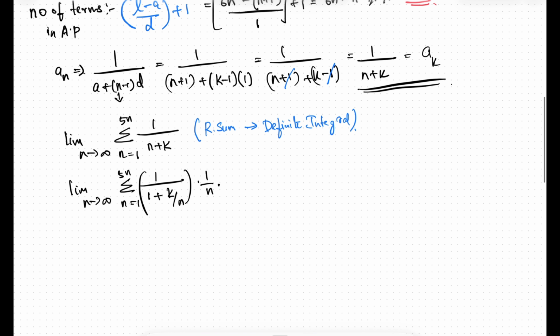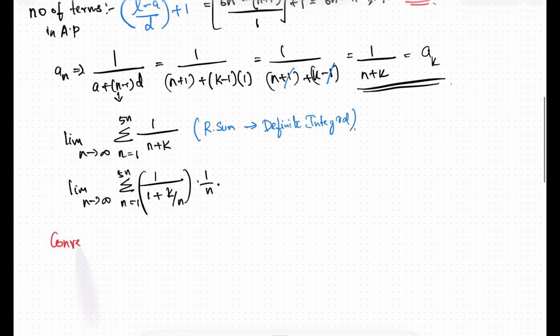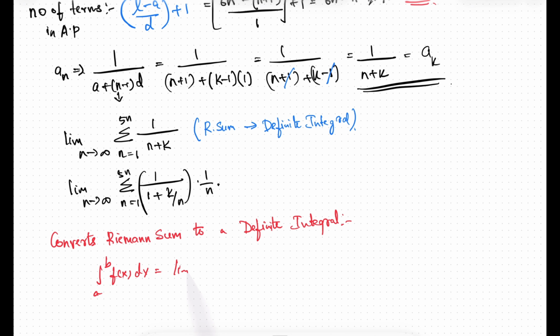Now we are going to use the formula which helps us to convert your Riemann sum to a definite integral. It can be stated as the integral from a to b of f of x dx is equal to the limit as n approaches infinity of the summation from k equals 1 till n of f of (a plus k times delta x) times delta x.